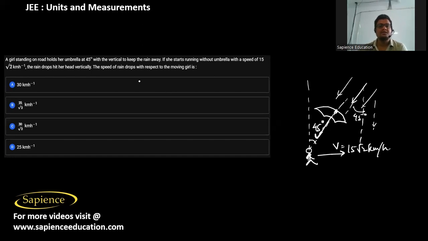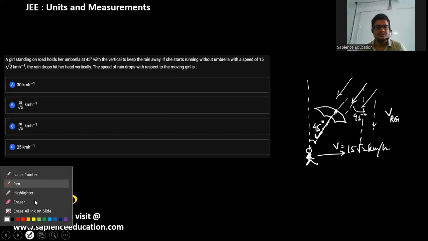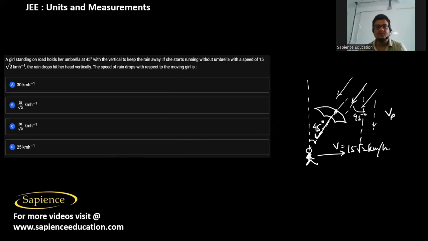Then the speed of the raindrops with respect to the moving girl is, so the speed of the raindrops with respect to the girl, that we have to find out. Let's say we call it VRL.